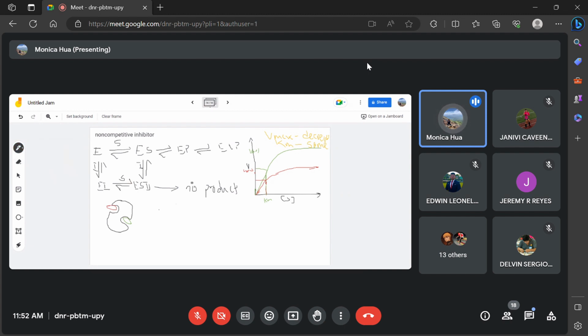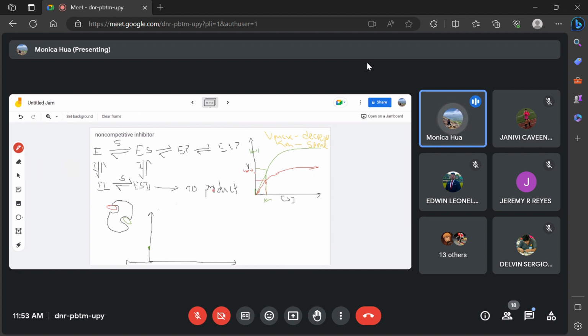And of course, your other plot, okay? Now, in the absence of inhibitor, the Vmax is going to be higher, but here it is 1 over Vmax, so it's going to be at the bottom, okay?